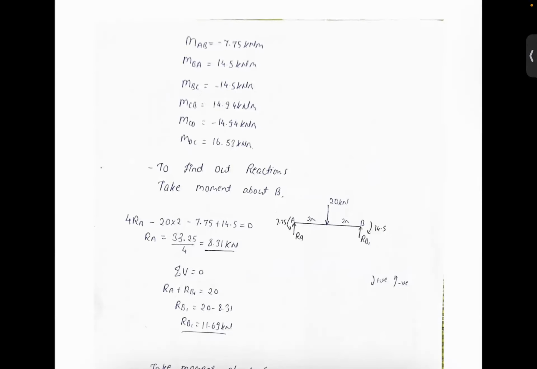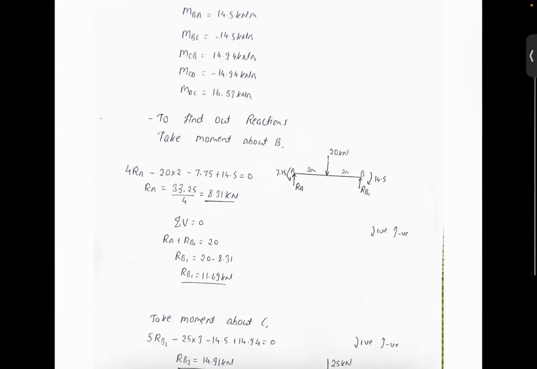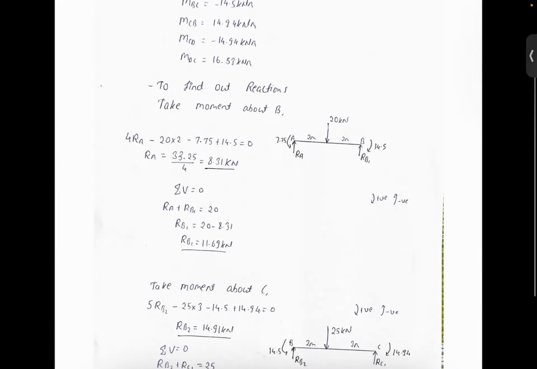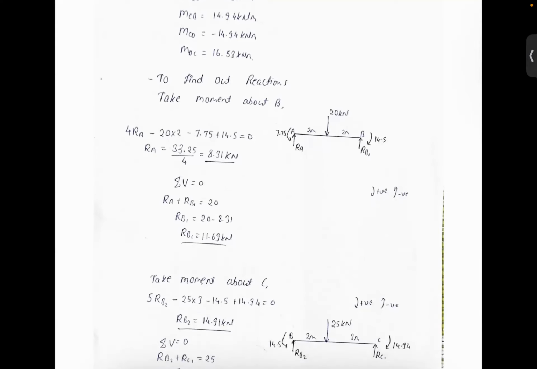So now we have to find the reactions. To find the reaction at A, we will take the moment about B, and to find the partial load at B, we will do the summation of moments about B equal to 0.